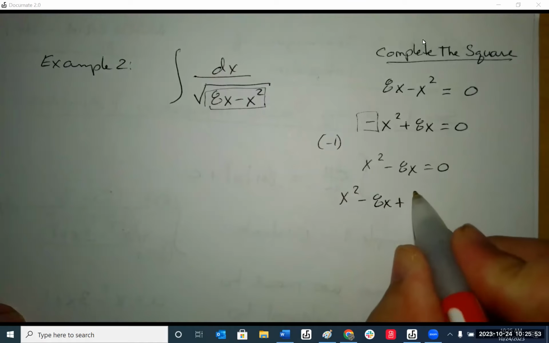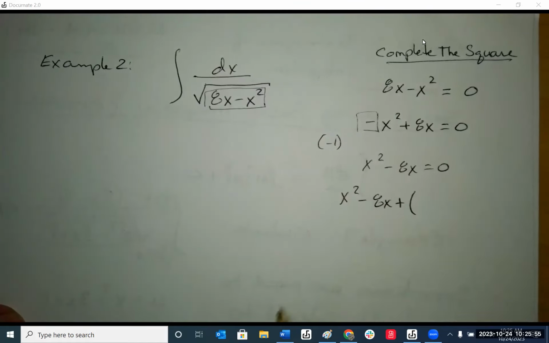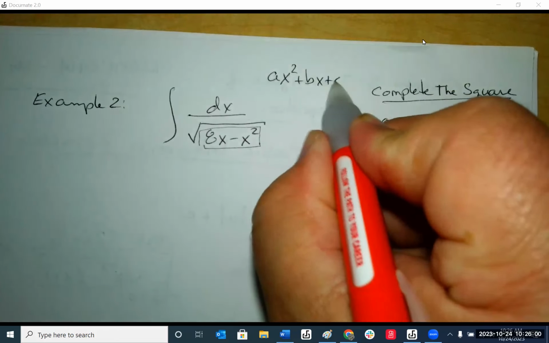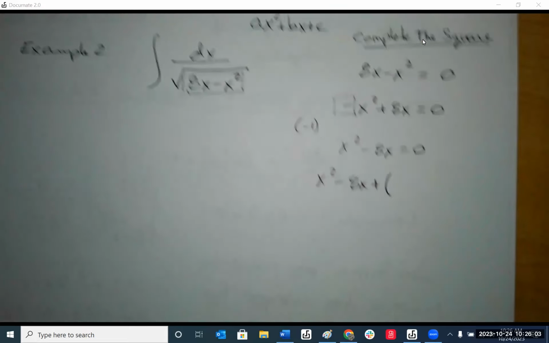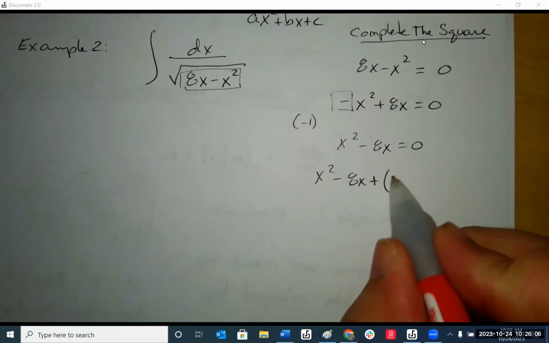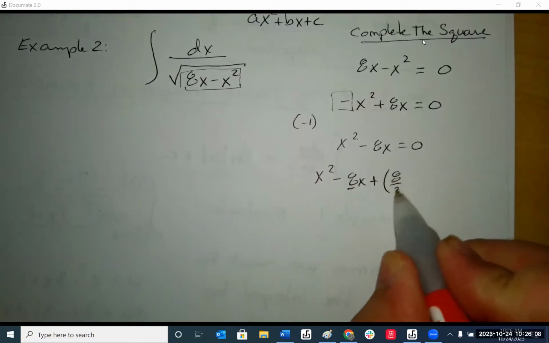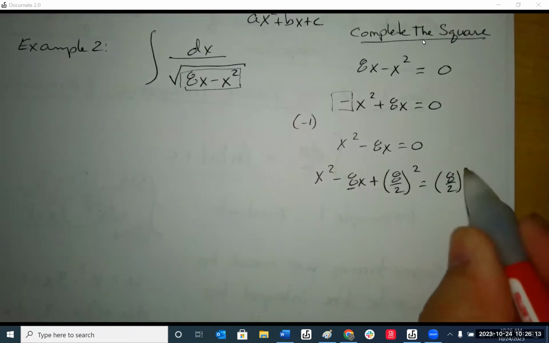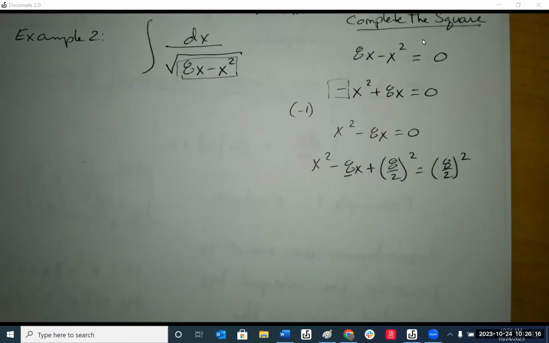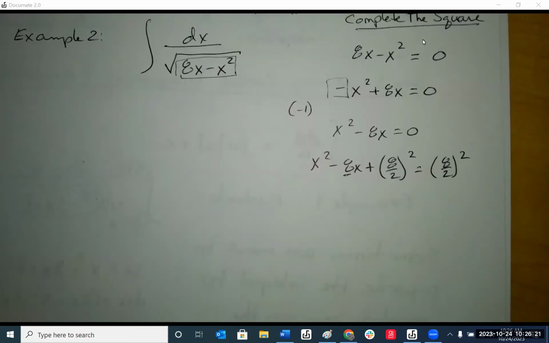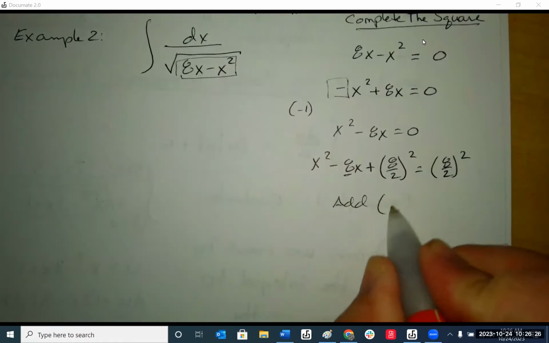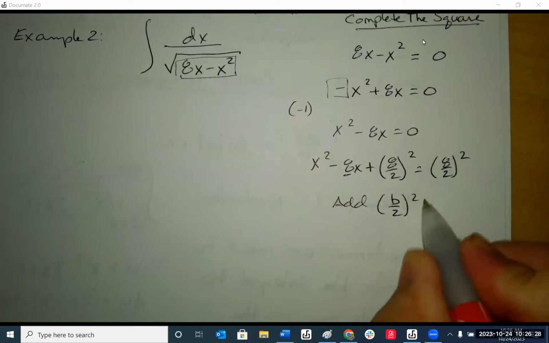On the left hand, okay, now you have to add. Well, remember, a quadratic equation has this form in standard form. What we have to do next is add b over 2 squared to both sides.